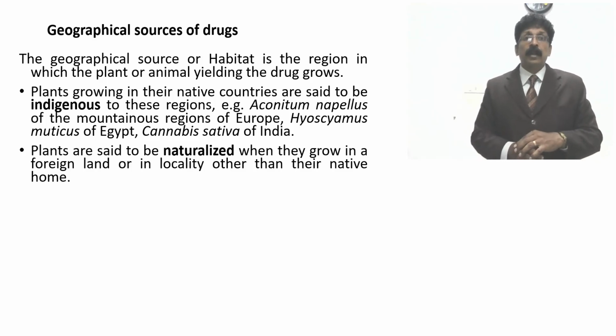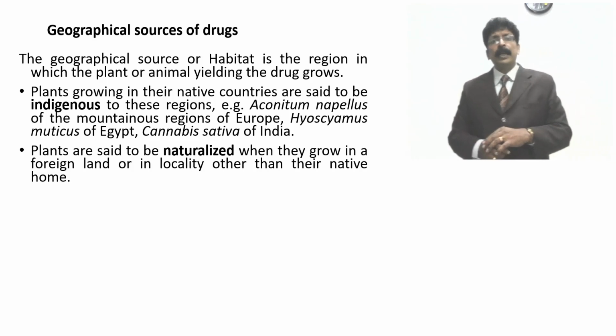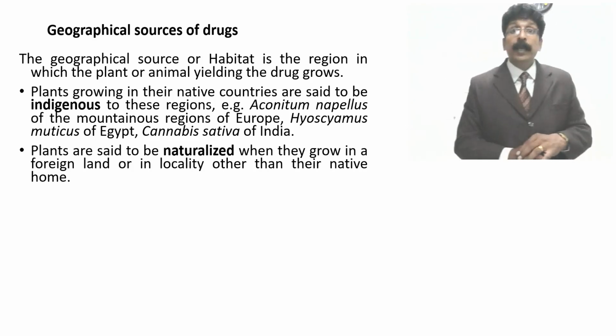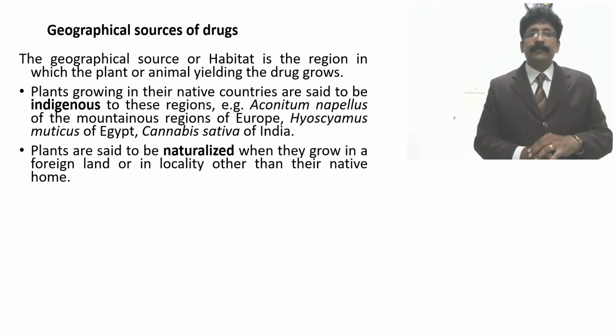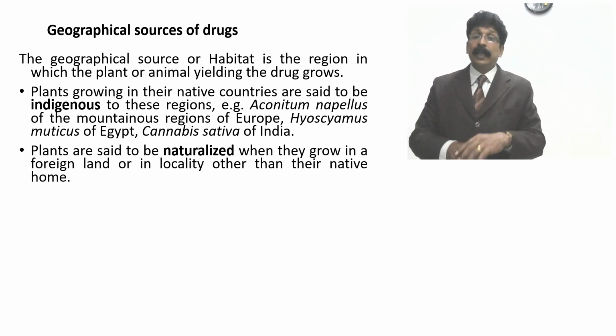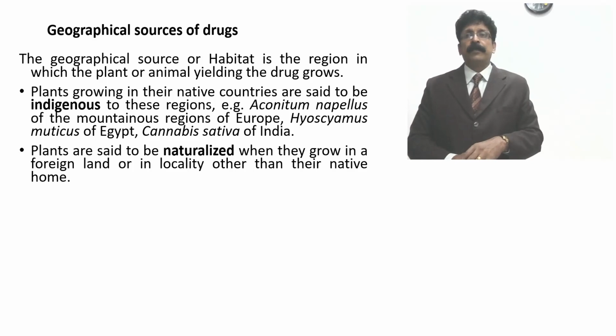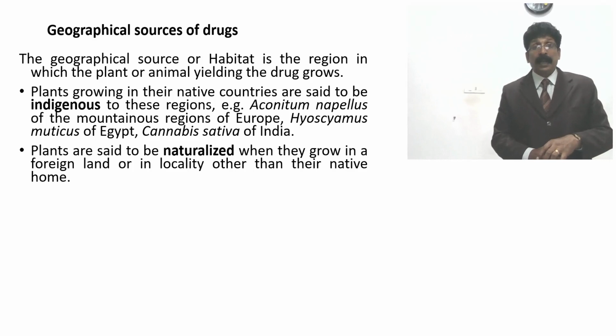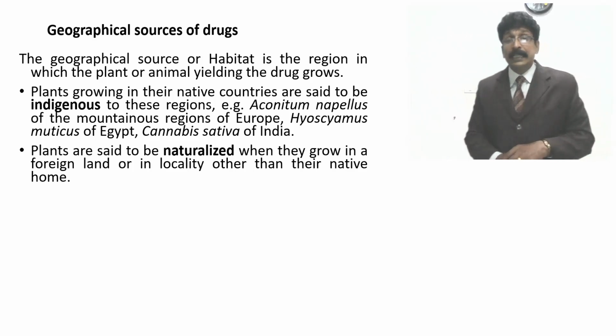Plants are said to be naturalized when they grow in a foreign land or in a locality other than their native home, when taken to another country. Example, Cannabis sativa when you take it from India and grow it in another country.